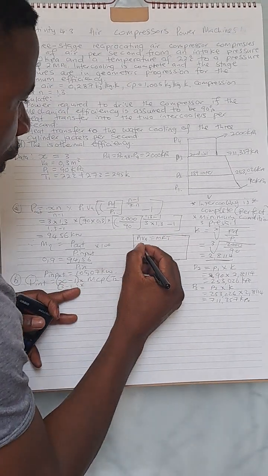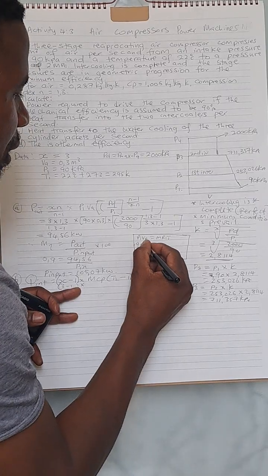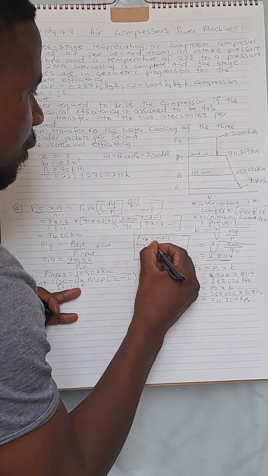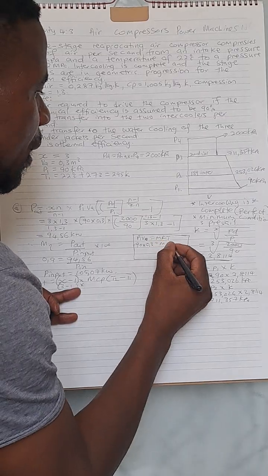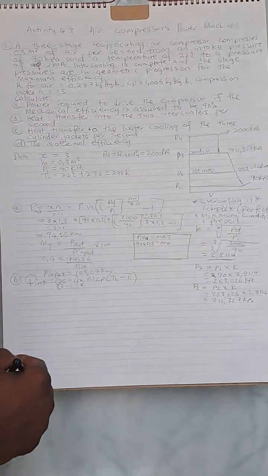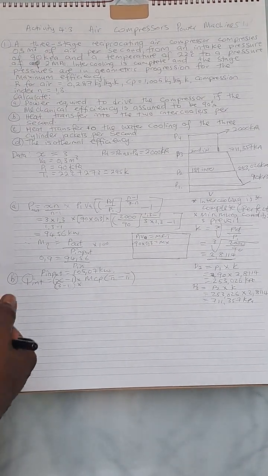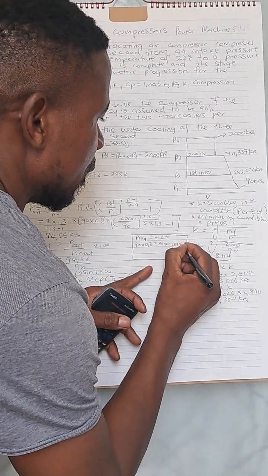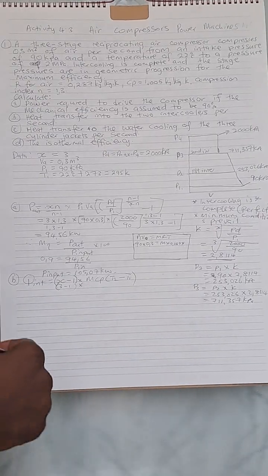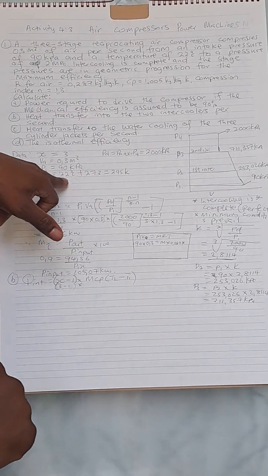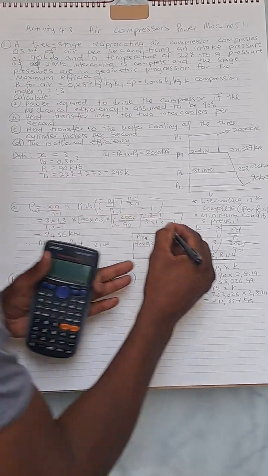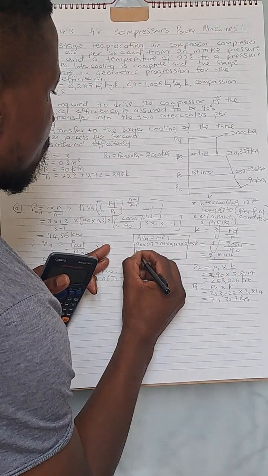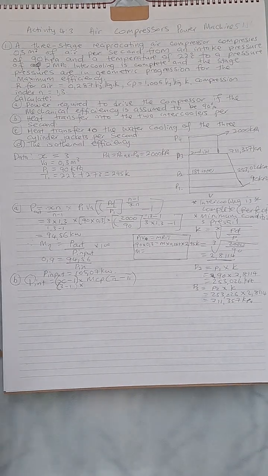Because we have our P1, which we said is 90 kilopascal, our V1 was given as 0.3, so we need our mass. Our gas constant was given as 0.287, and then our T1, we said it was 22 plus 273, which gives us 295 Kelvin. So from there we substitute to get our mass.